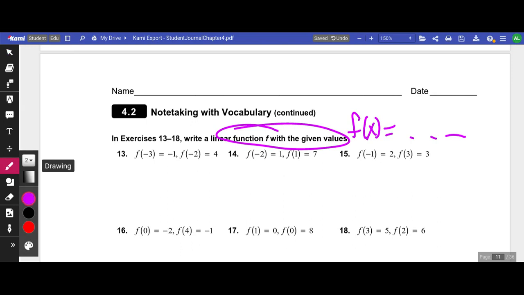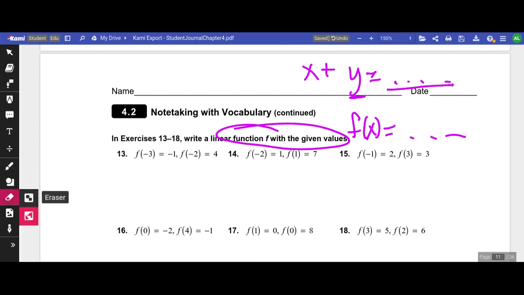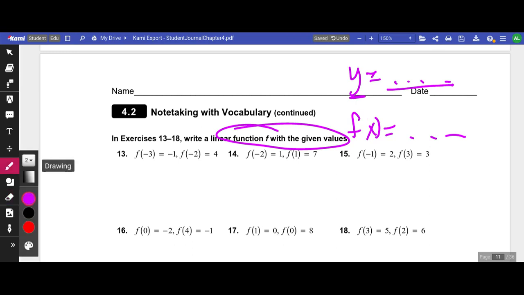So that's the same as saying y is equal to something, which I'm saying just to remind you that if we have a function, it has to be in this y equals something format. It can't be like x plus y on one side and then other stuff. We have to isolate that y on one side in order to turn it into a function. You can't just turn any equation into a function. You have to isolate the y first, then you can swap it out with that f of x.